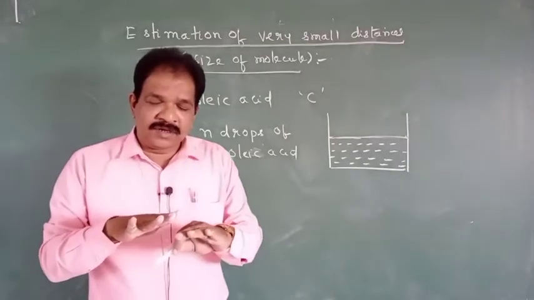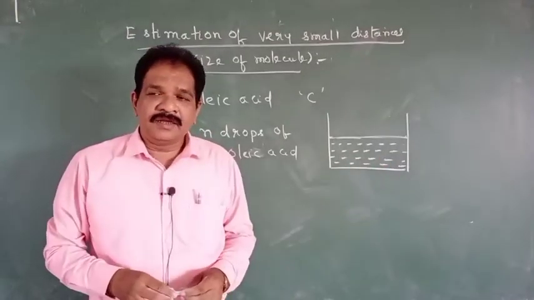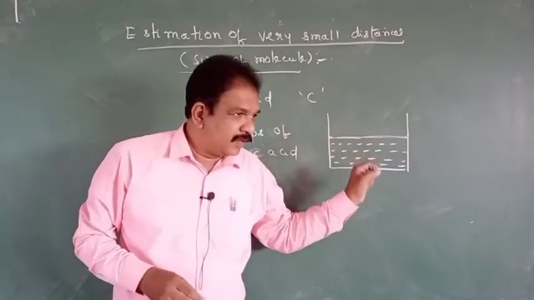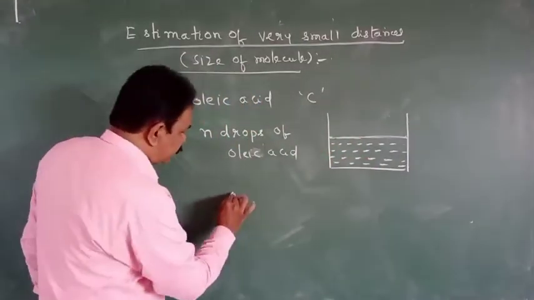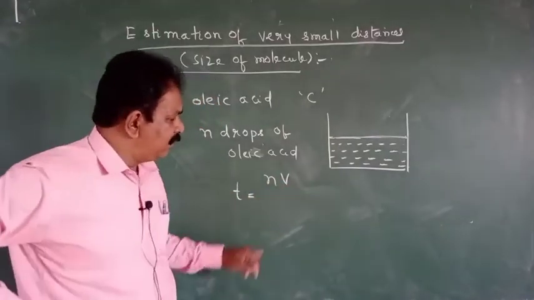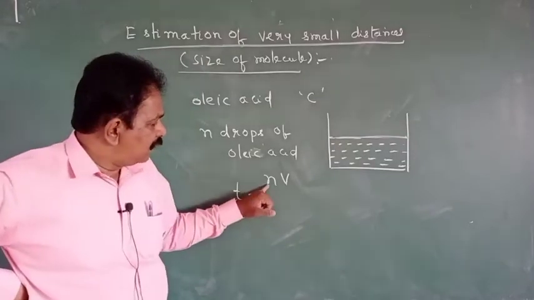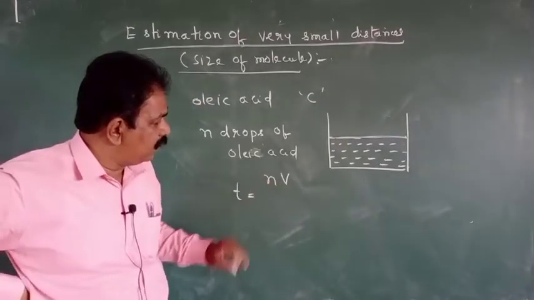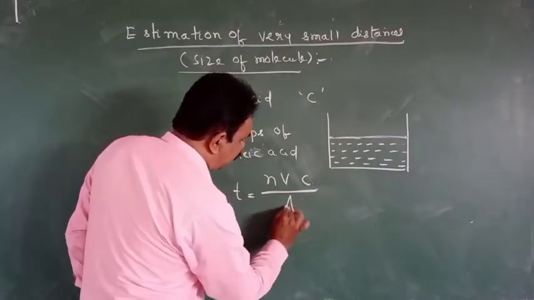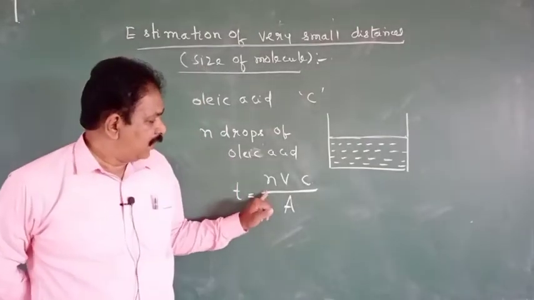That oleic acid will be equally distributed along the surface of that layer. Then the thickness of that oleic acid layer is equal to n into V, assuming V is the volume of each drop. So n drops, n into V, its concentration is C, by A, the area of the layer.